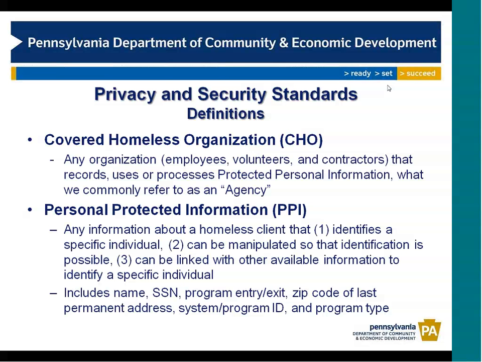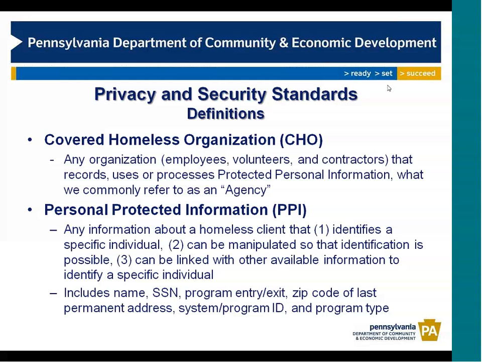Now, PPI, personal protected information, this is any information about a homeless client that, 1, identifies a specific individual, 2, can be manipulated so that identification is possible, or 3, can be linked with other available information to identify a specific individual. Any of the following examples fall under the coverage of PPI.